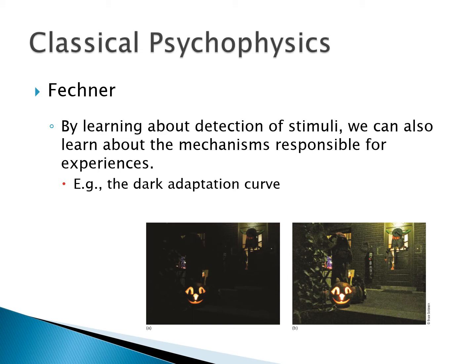And so that was the method of adjustment, right? As they're turning this knob and just adjusting the light. And then we gave them time for their eyes to adjust, and we could see them get more and more sensitive to that flashing test light, and their threshold went further and further down. And we learned about dark adaptation and the mechanisms responsible, which we will talk about in the next chapter.